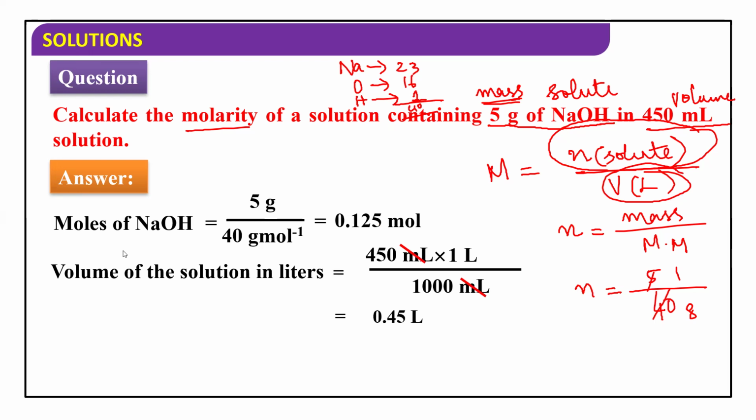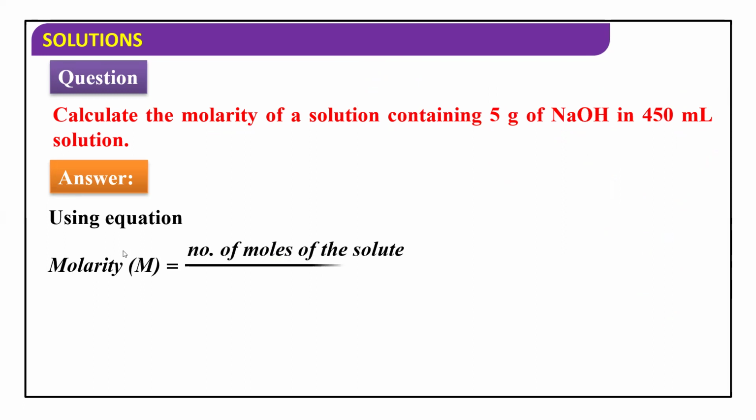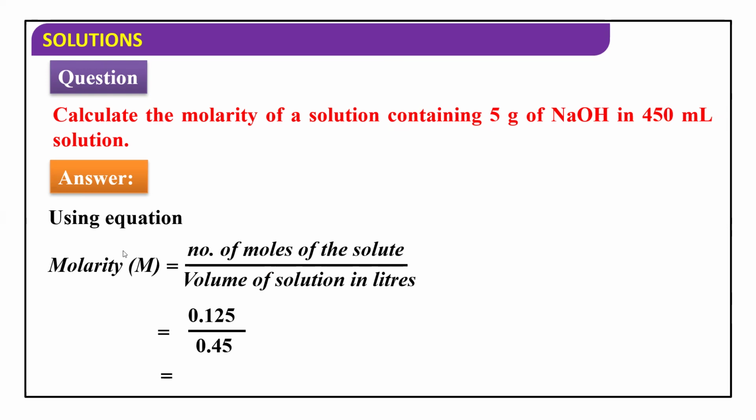Now substitute these two values in the formula. Molarity is equal to number of moles divided by volume, which is equal to 0.125 divided by 0.45. If you divide these two, what will you get? Has anyone got the answer?